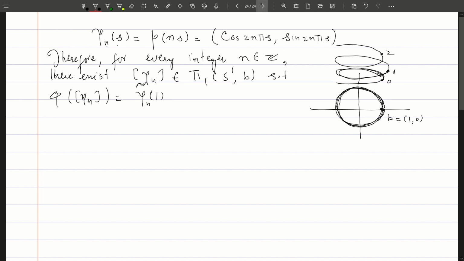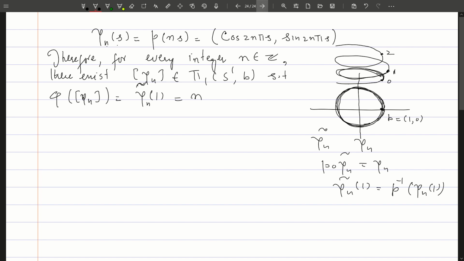Now this gamma n tilde of 1, this end is at n. The reason is that gamma n tilde is the lift of gamma n, so p of gamma n tilde is gamma n, and gamma n tilde of 1 lies in p inverse of gamma n of 1.